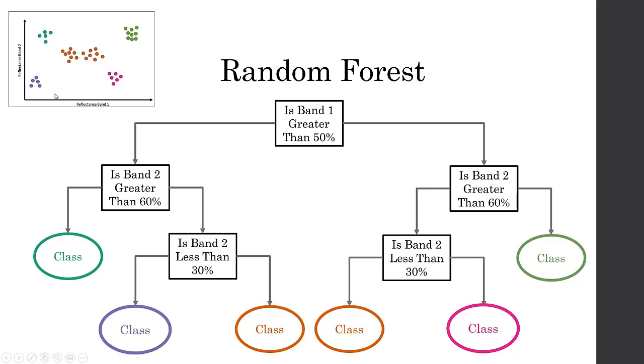You could say, is band 1 less than 30%? Or you could say, is band 2 less than 30%? That's really up to the model to decide. In this case, because this is an artistic rendering, it arbitrarily chose to say, is band 2 less than 30%? And that splits it out. So you can see how if you ran new pixels through here, they would go through these decision-making processes and get voted into one of the 4 classes.